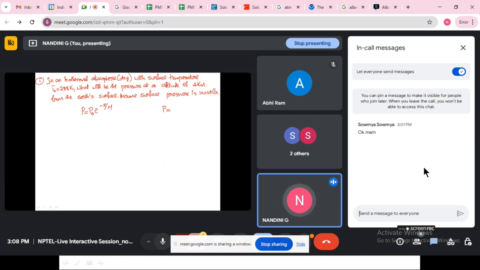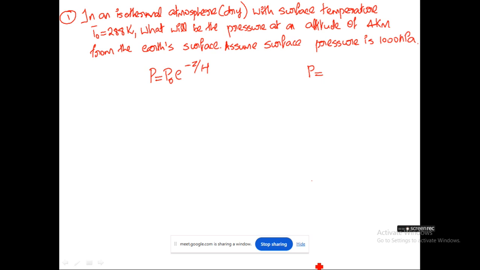What is P0? You can type in the chat box also. Pressure at what level? Pressure at ground. Yes, pressure at the surface is P0, and P is the pressure at the height Z.